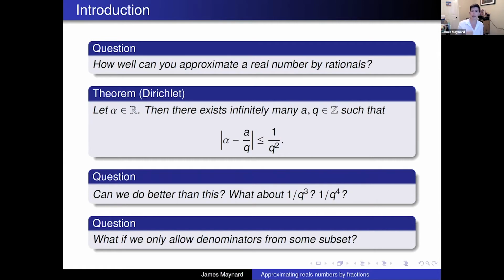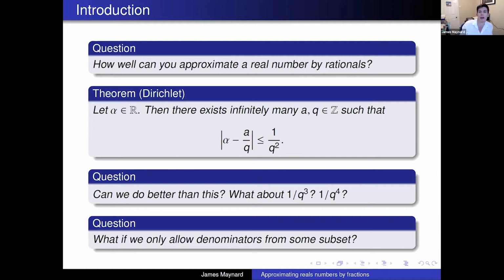But Dirichlet showed that there's a sequence of special denominators where instead of getting within 1 over q, I can get within 1 over q squared. So these are somehow very efficient representations of a number. One example of this is the very famous approximation of pi as 22 over 7, which is an efficient approximation and is a better approximation to pi than just 3.14.